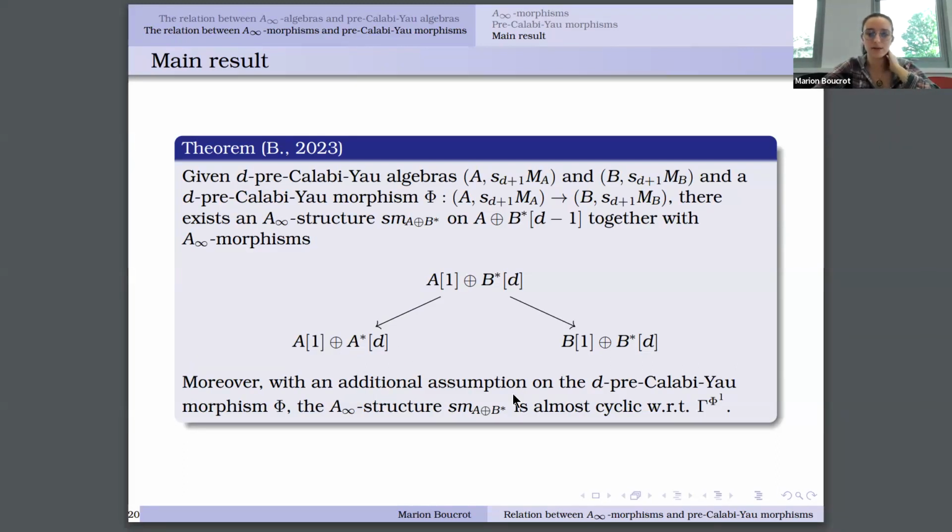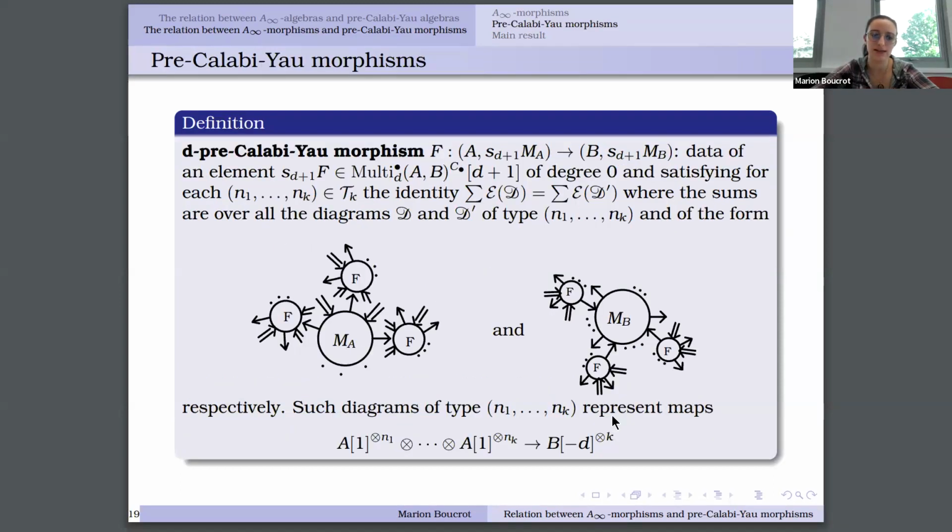However, with some assumption on the de pre-Calabi-Yau morphism phi, the infinite structure will be almost cyclic, and this assumption is, so I don't have the picture here, but in some sense we want this diagram with the correct type and the sum of all those diagrams to be equal to this one, and we will add an assumption requiring that a particular case of this diagram has to be equal to a particular case of this diagram.